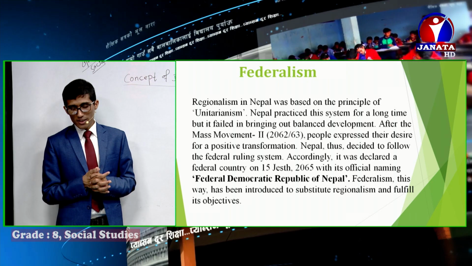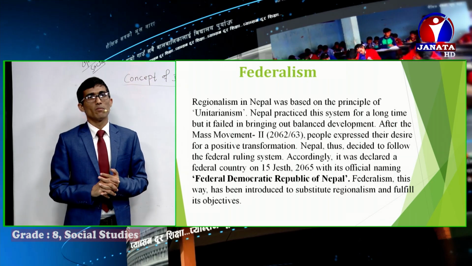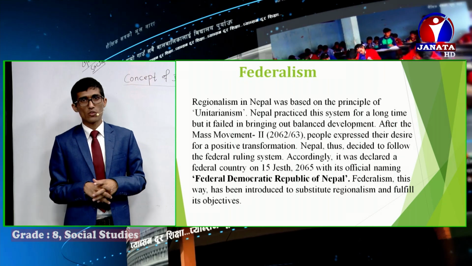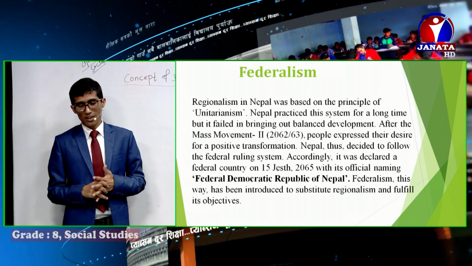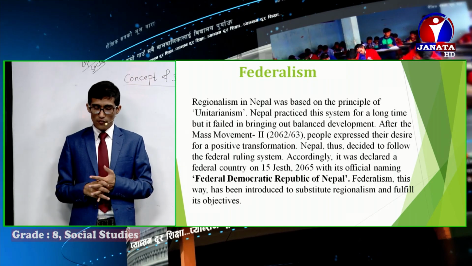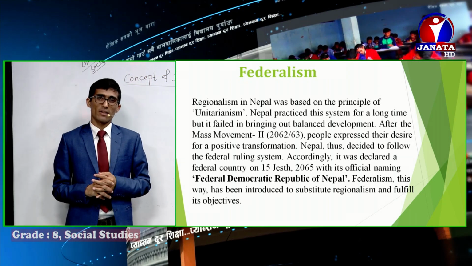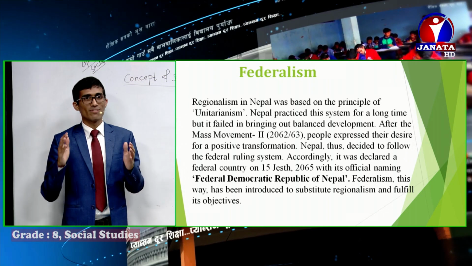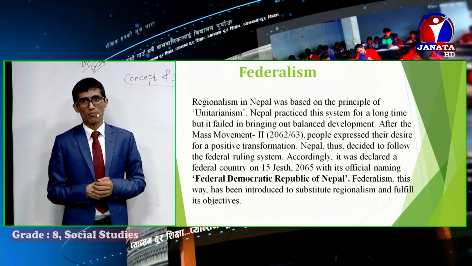And Nepal thus decided to follow the federal ruling system after the second mass movement in 2060-63. Accordingly, it was declared a federal country on 15 Jan 2065 with its official name Federal Democratic Republic of Nepal. Our country's full name is not only Nepal, Federal Democratic Republic of Nepal.